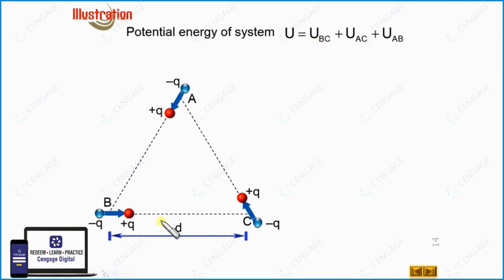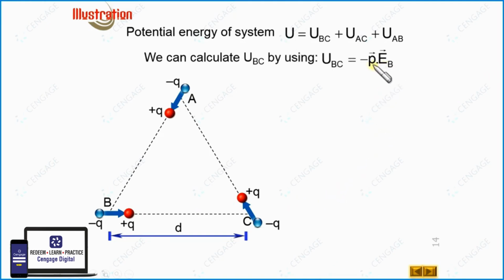So let us select this B and C pair. Here we can write the potential energy associated with the C dipole placed at position C, because of the electric field of B, as minus P dot EB. This is the potential energy associated with this B and C system, dipoles placed at B and C. Okay, so let us make the electric field vector.